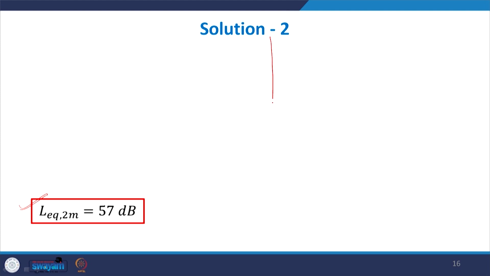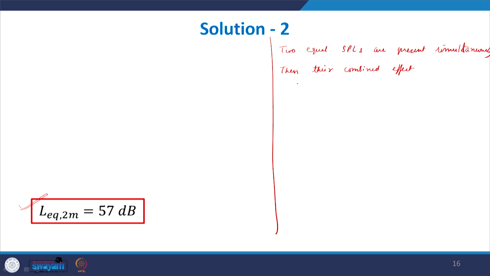Another observation that we get is that if 2 equal SPLs are present simultaneously, so 2 sound sources with the same SPL, then their combined effect is that SPL increases by 3 dB.